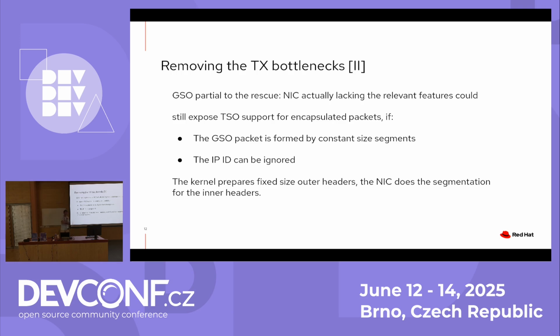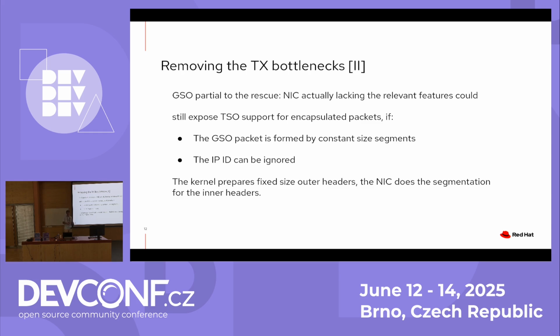How can we avoid that problem? There is a very nice offload available in the Linux kernel, which is GSO partial. GSO partial allows devices that have no support for UDP tunneled GSO packets to actually segment them in hardware with very little help from the kernel.